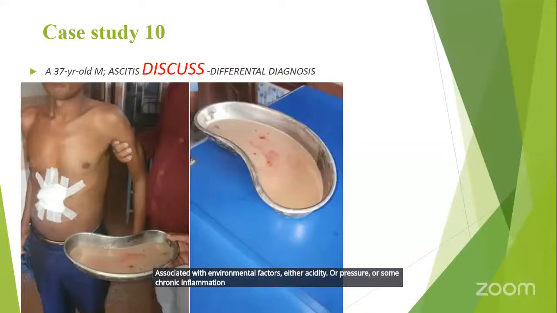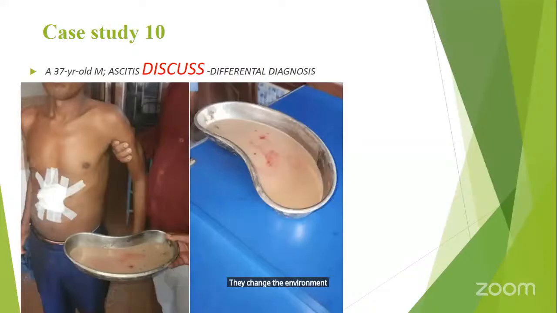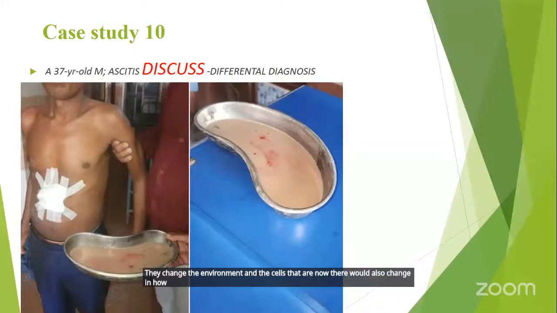Perhaps there is a splint in your limb and you are walking with pain. The cells will produce a lot of lysines and histamine and other compositions. They come there and change the environment, and the cells that are there would also change in how they look and how they function.